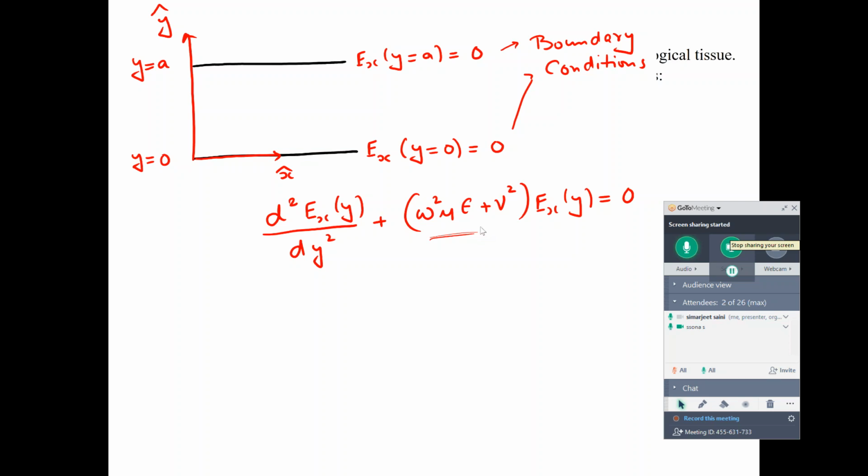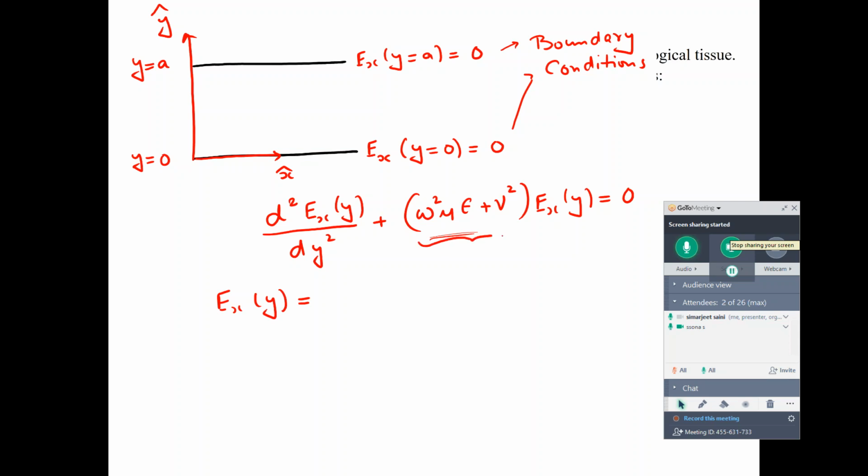However, sine and exponentials are again related to each other. You can convert the sine function to exponential functions very easily, so they're not really any different function. So we know, looking at this, that the solution Ex(y) has to have a form of sine and cosine.